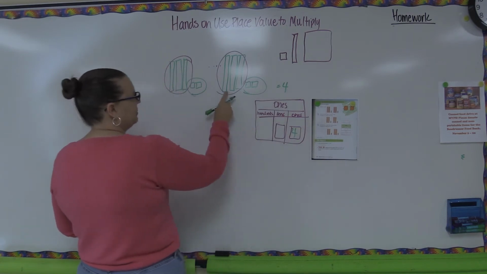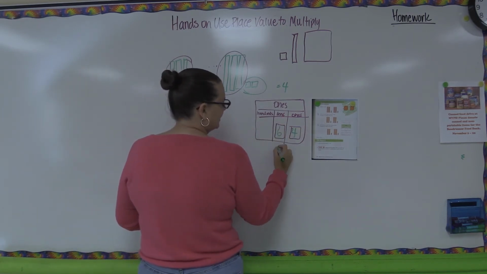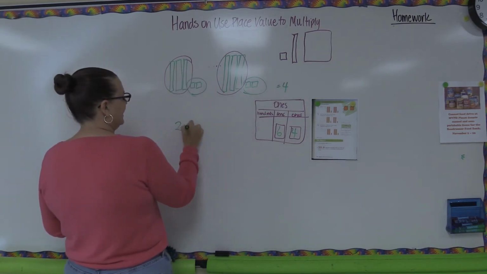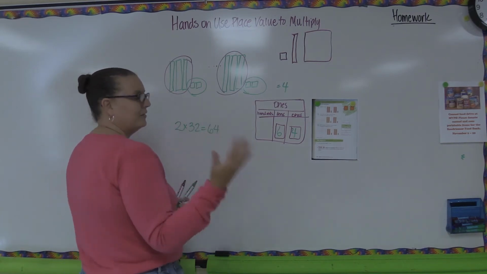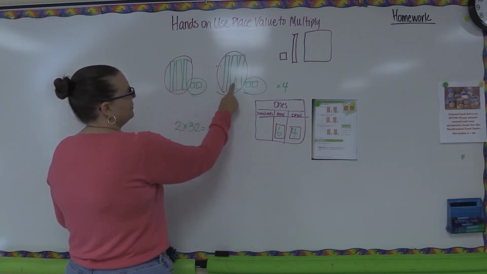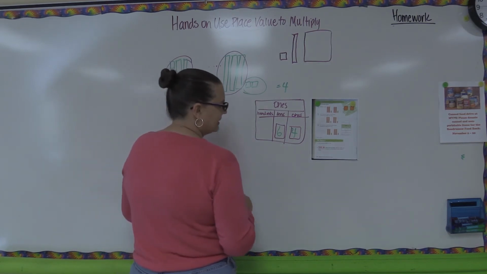How many tens did we circle? We circled 6. So that is a total of 64. So over underneath the side there, it says 2 times 32 would be 64. If you want to double check it, you can always count it. 10, 20, 30, 40, 50, 60, 61, 62, 63, 64. So we've got that all set.